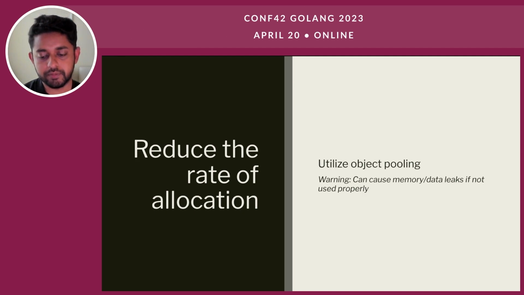So if we're storing some sensitive, personally identifiable information on a per request basis for each user, and we're using pools to represent the user object, if we don't sanitize that data, then there's a good chance that we could leak data from one user's profile to another user's profile, which would obviously have really disastrous consequences, not only in terms of our application itself, but in terms of the user's privacy concerns, et cetera. So these are the risks of object pooling, but it can be a really powerful tool to reduce the amount of work that your garbage collector needs to do and give you some more control over memory management yourself.